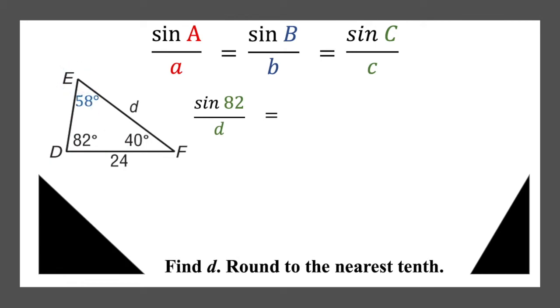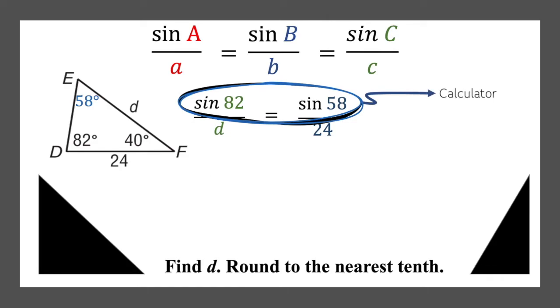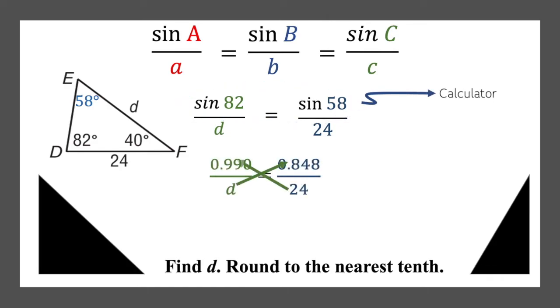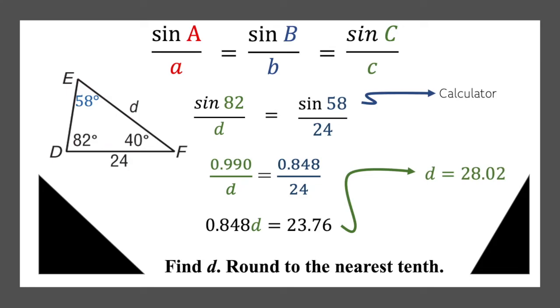So I can figure out that angle E is 58, and then I can take the sine of 58, divide that by 24. Again, you can pop that into your calculator if you want and cross multiply. So we've got 0.848 times D equals 23.76. Divide both sides by 0.848, and I find that D is 28.02.